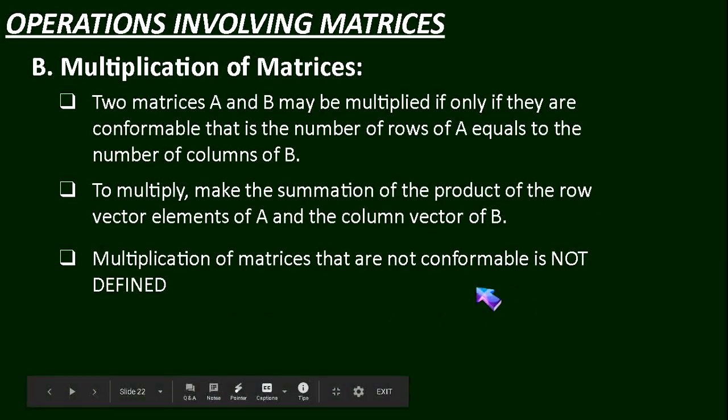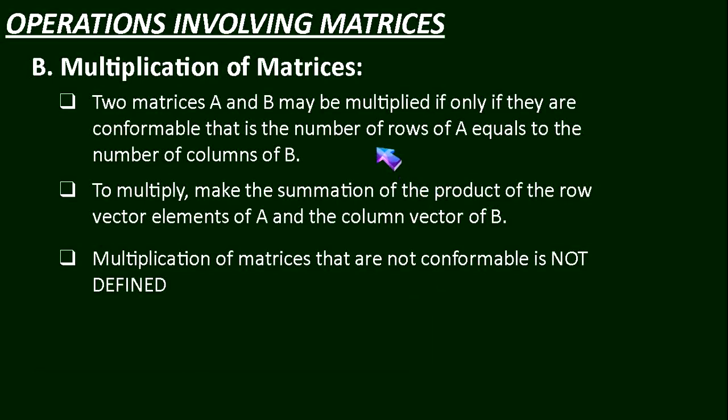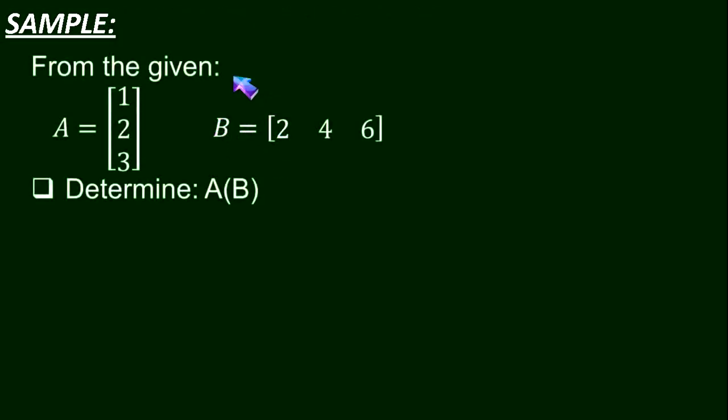So, we cannot multiply matrices if the first matrix row is not equal to the number of the second matrix column. So, let's take an example so we can understand fully the operation involving the multiplication of matrices.